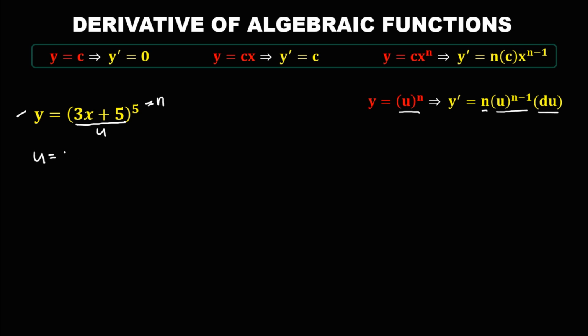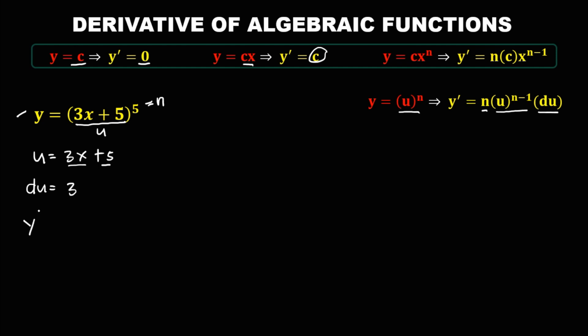So u equals 3x plus 5. Then du, or the derivative of u: the derivative of 3x, a constant and a variable, is equal to the constant. Then the derivative of a constant is 0. So du is equal to 3.